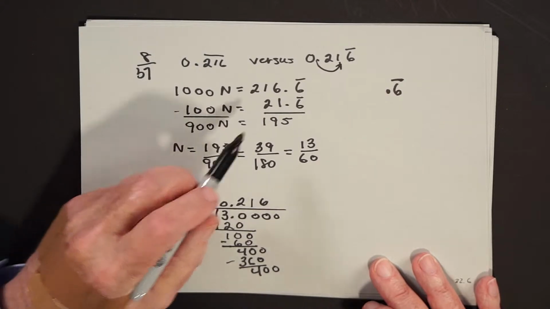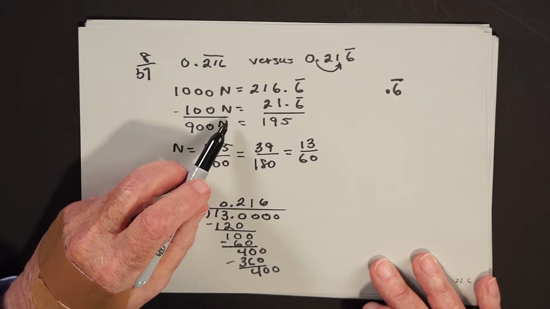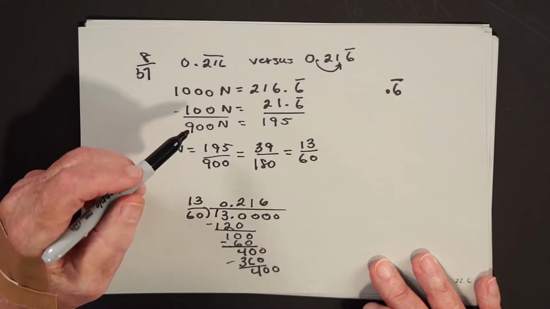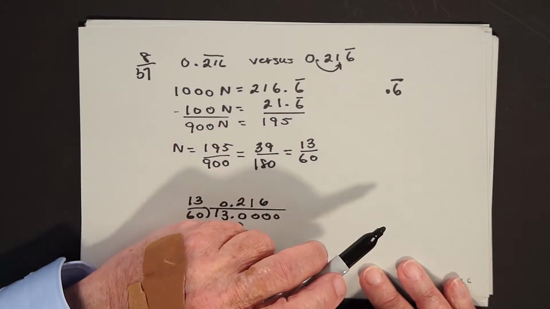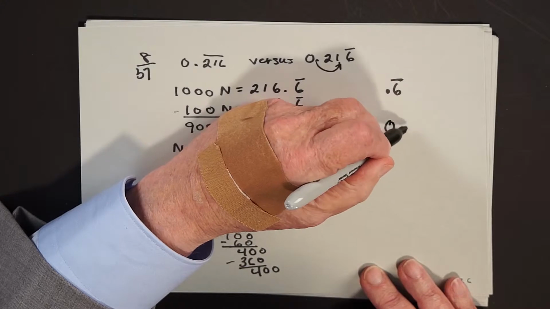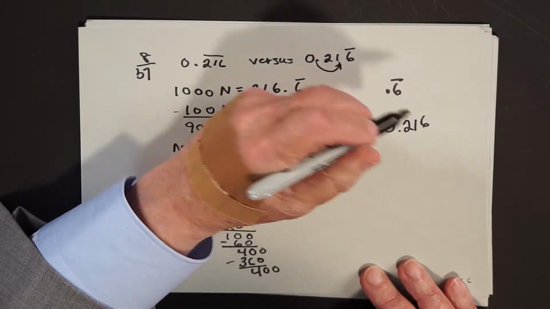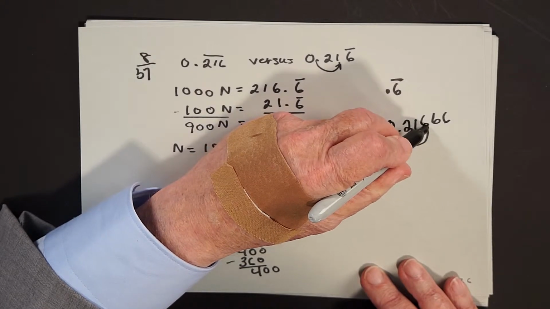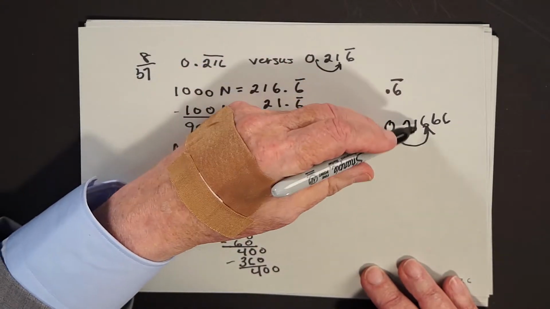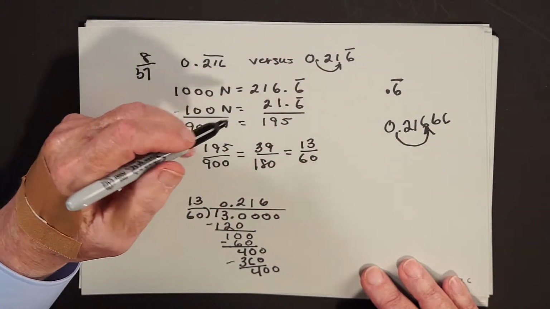And if I move it 2 places, that means I've multiplied by 100. So if this number is n, 100n would be 21.666 endlessly. The next place I could move the decimal point to have nothing but 6's after the decimal point is after the first 6, in which case I would get what?